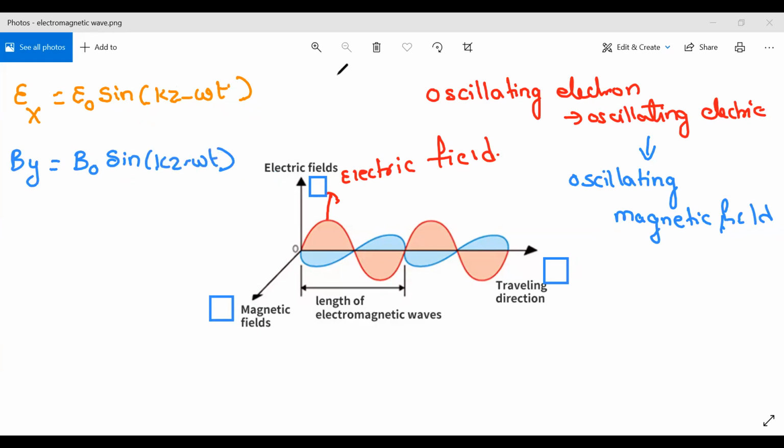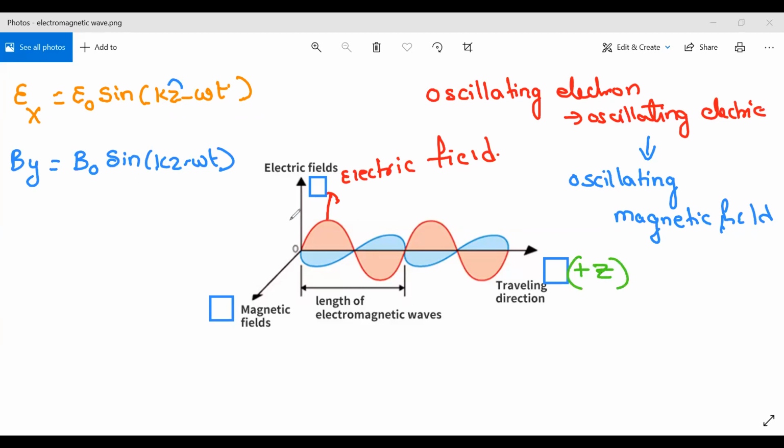For the electric field we have z here, and for the magnetic field also z, and we have minus for both. So here the wave is propagating in which direction? Positive z direction.